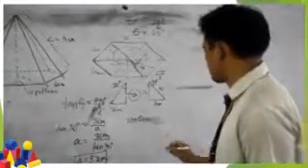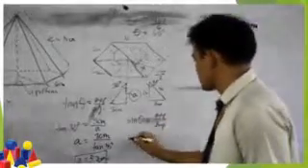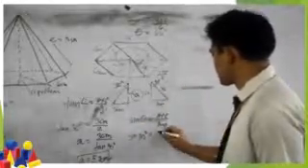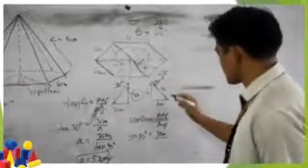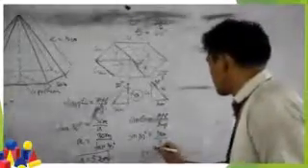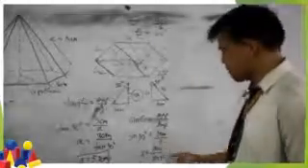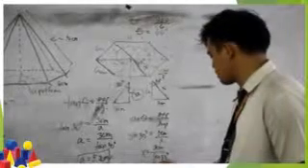Sine theta equals opposite over the hypotenuse, or sine 30 degrees equals the opposite, 3 centimeters, all over the hypotenuse, which we mark as x. Transposing this, x equals 3 centimeters all over sine 30 degrees. If we calculate this in your calculator, we get 6 centimeters.